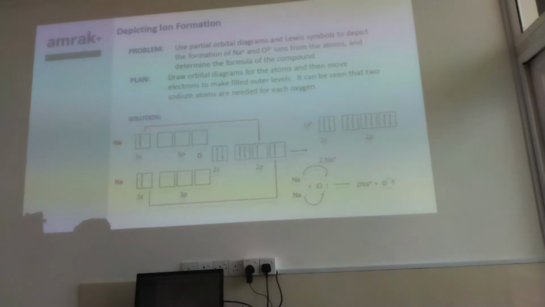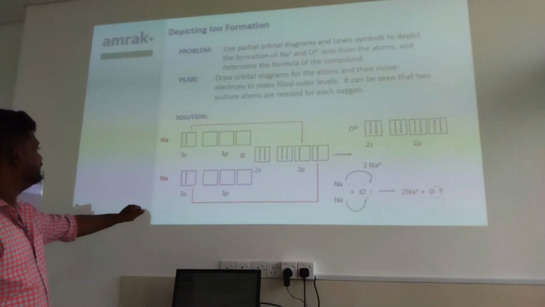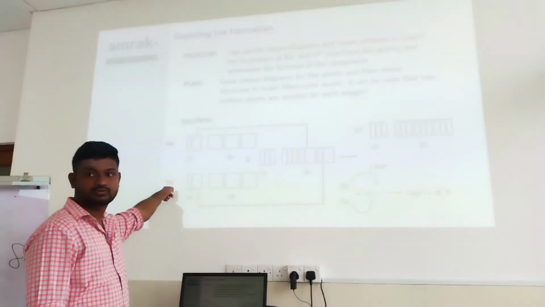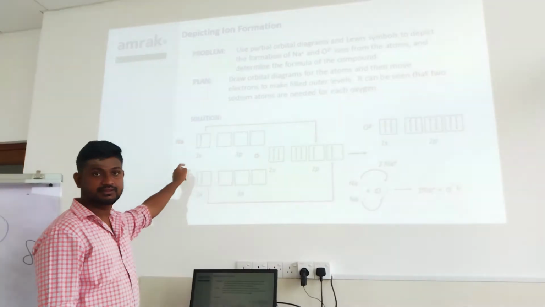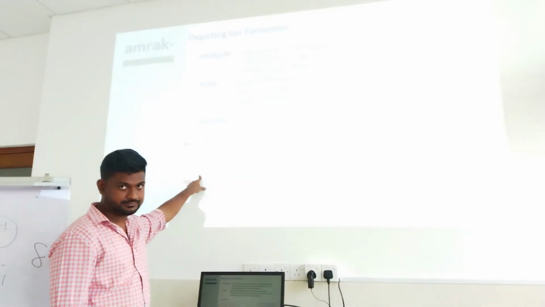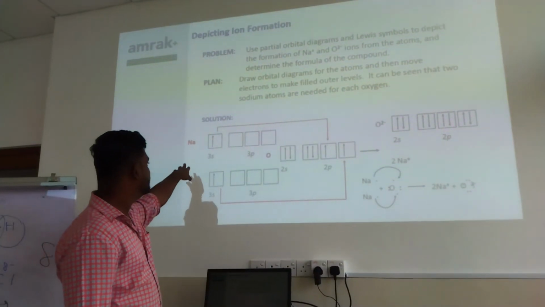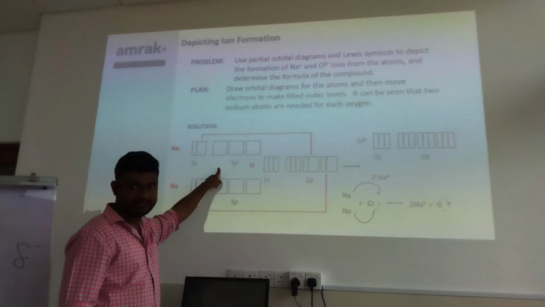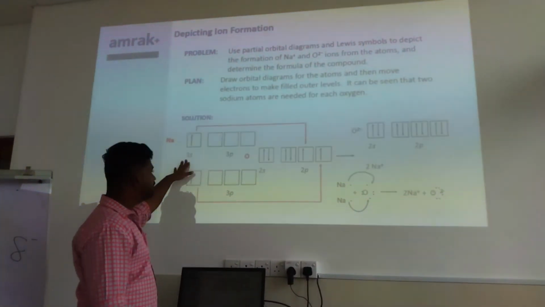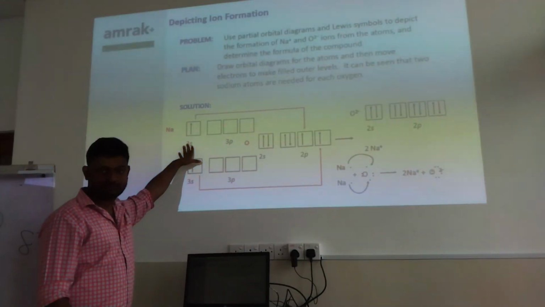Sodium: 1s2, 2s2, 2p6, 3s1, right? In the s orbital we have 1 electron. So you will remove this electron.